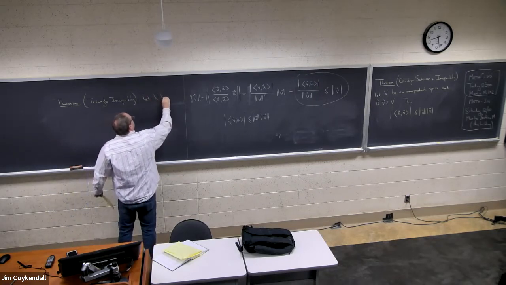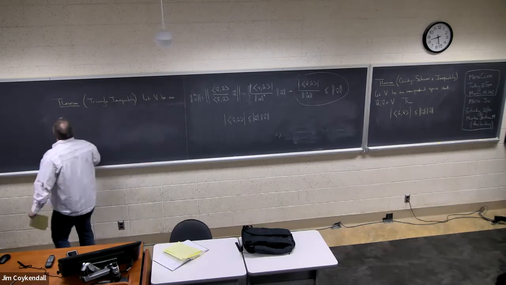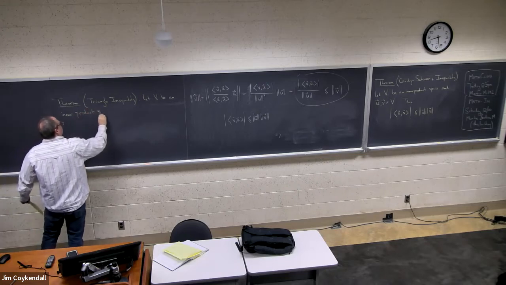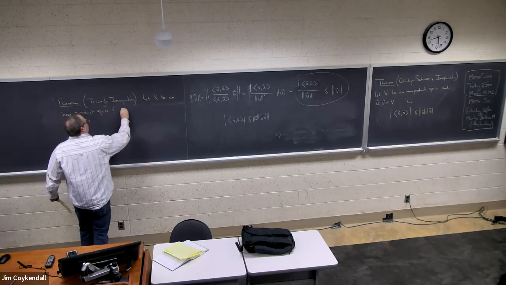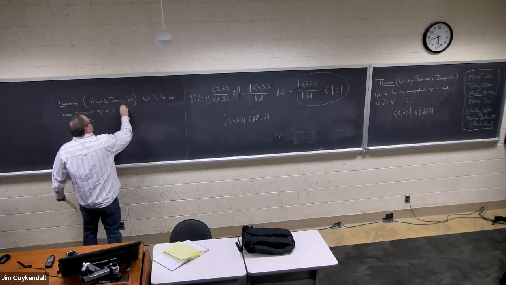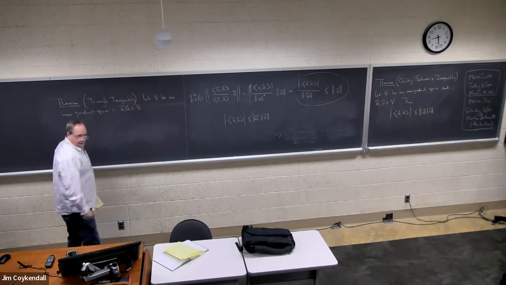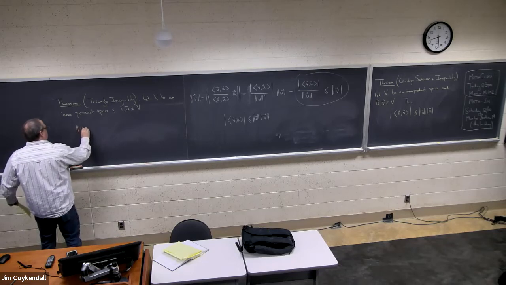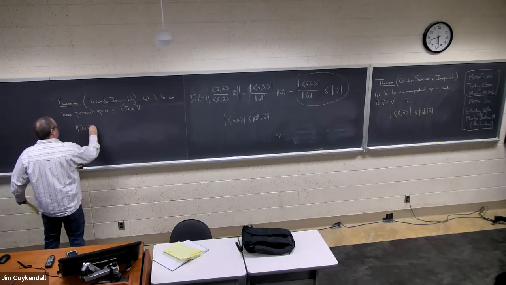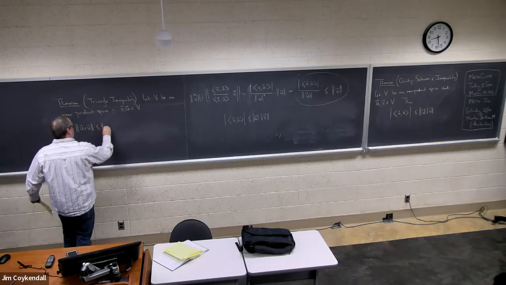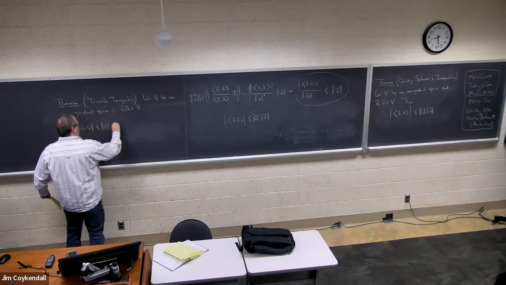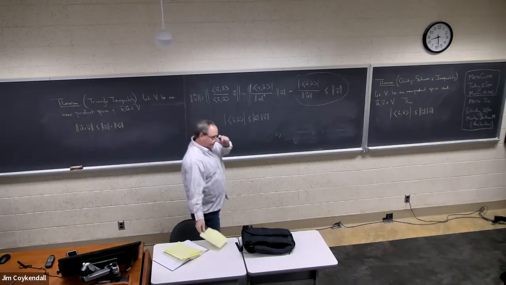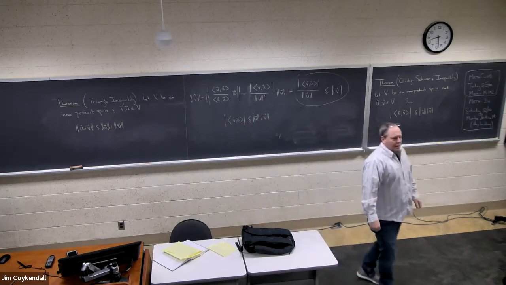Let V be an inner product space again, and U and V vectors. Then look at this.